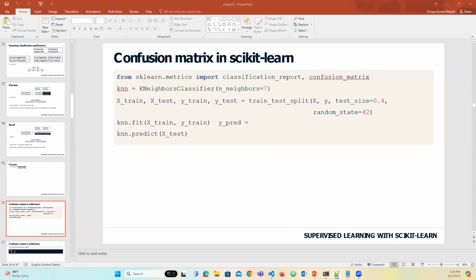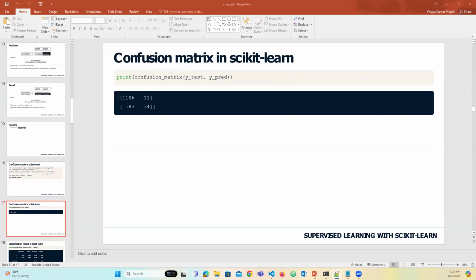We instantiate our classifier, split the data, fit the training data, and predict the labels of the test set. To compute the confusion matrix in Scikit-Learn, we pass the test set labels and predicted labels to the confusion_matrix function.